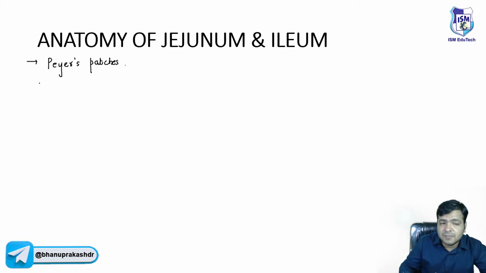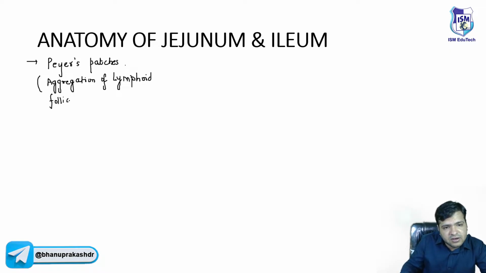Basically I will be discussing Peyer's patches in detail in a couple of minutes. As of now, just remember it is an aggregation of lymphoid follicles. I will tell you what these lymphoid follicles are made up of. As of now, just write it down, and after some time I'll come to this topic again.